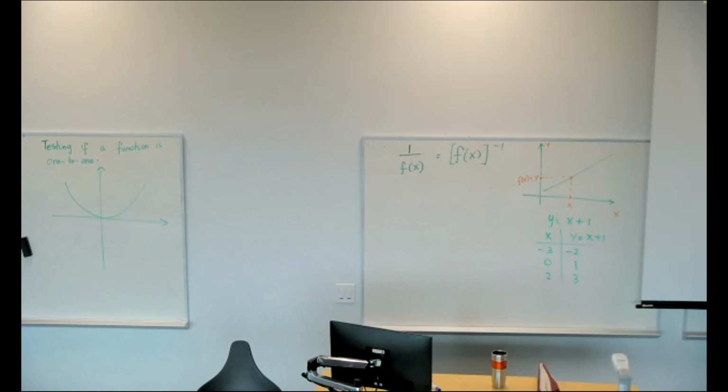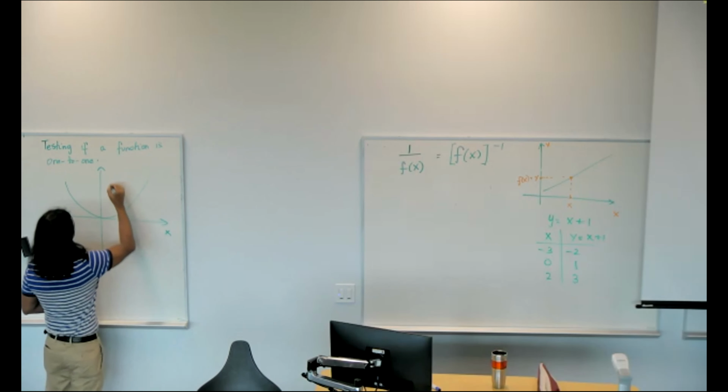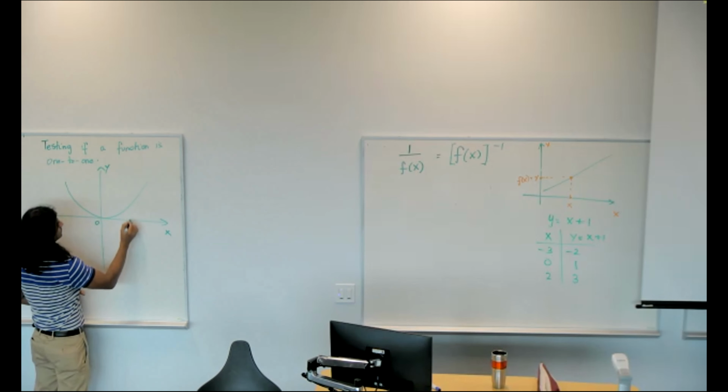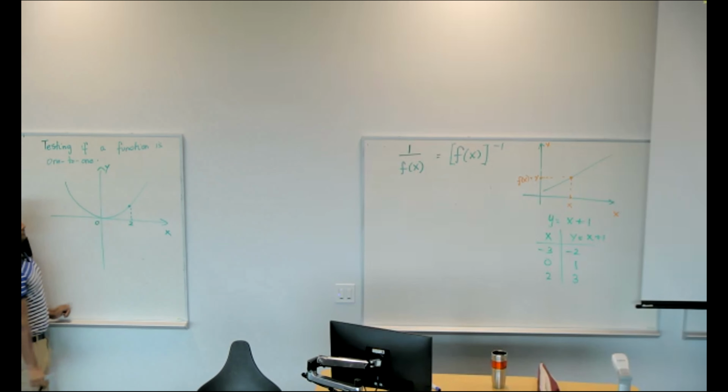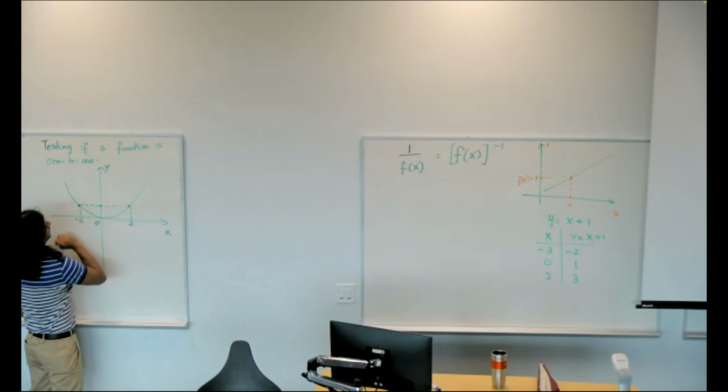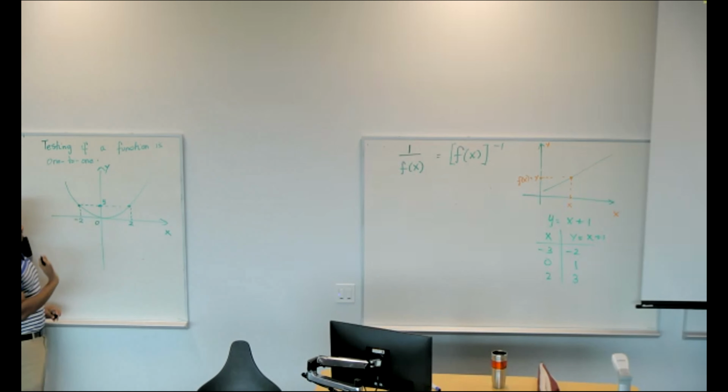Do we agree that that is a function? Yes. If you pick a value for x, let's say 2, and also -2, and both of them get some value.